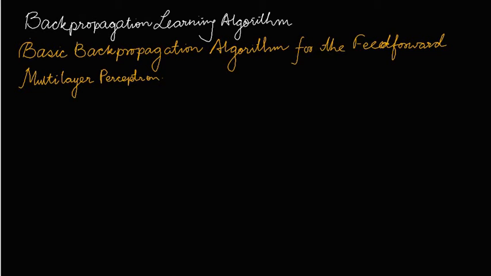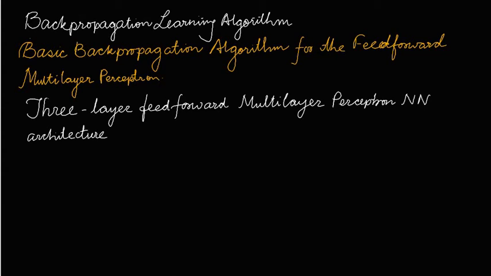So first of all, we will see a three-layer feed-forward multi-layer perceptron neural network architecture. This multi-layer perceptron is written in short MLP.